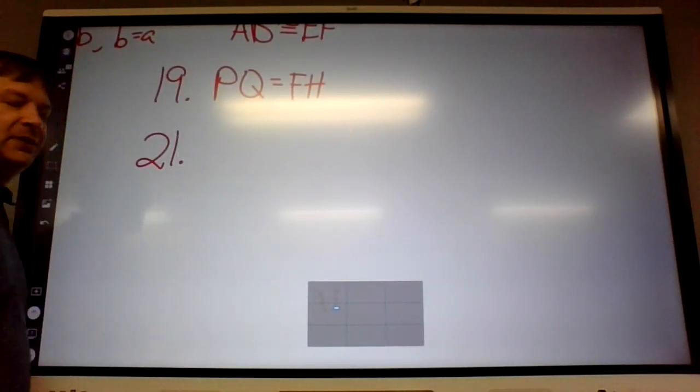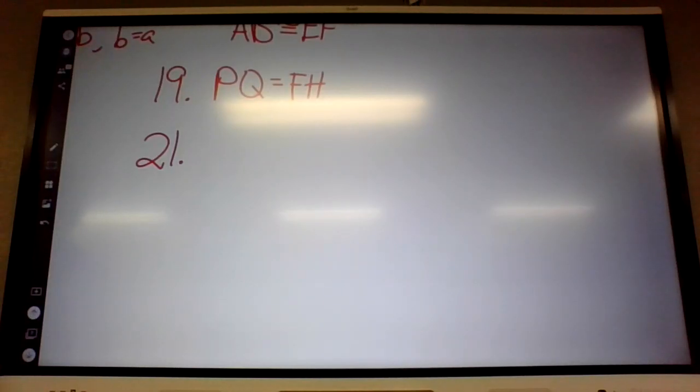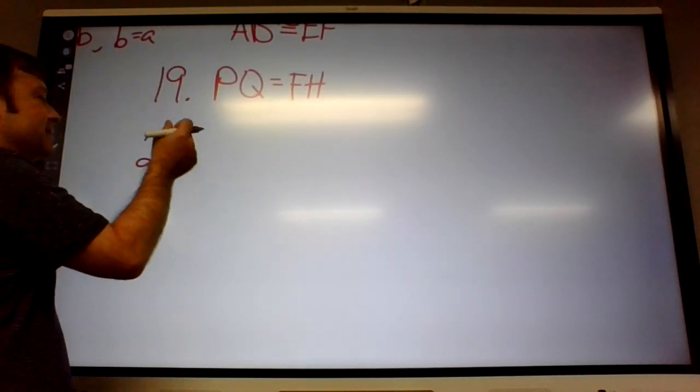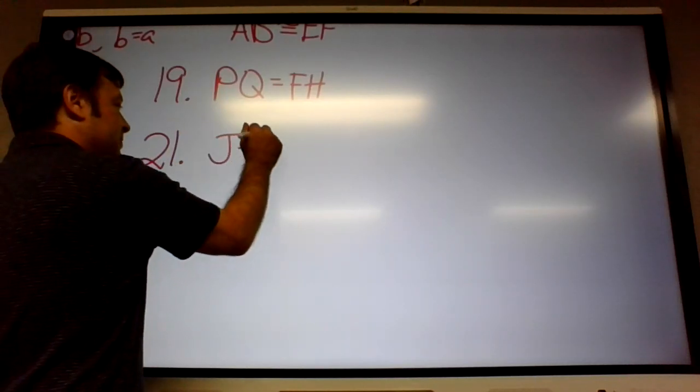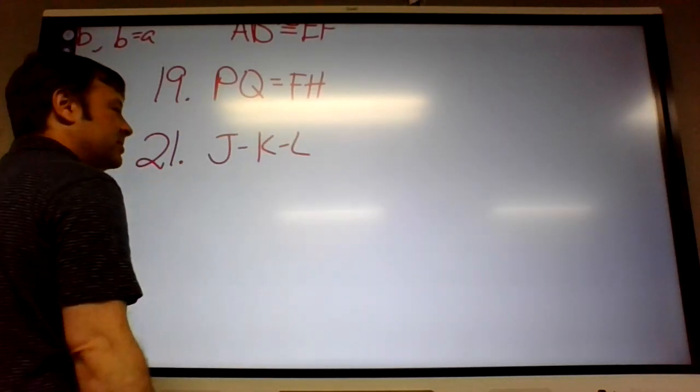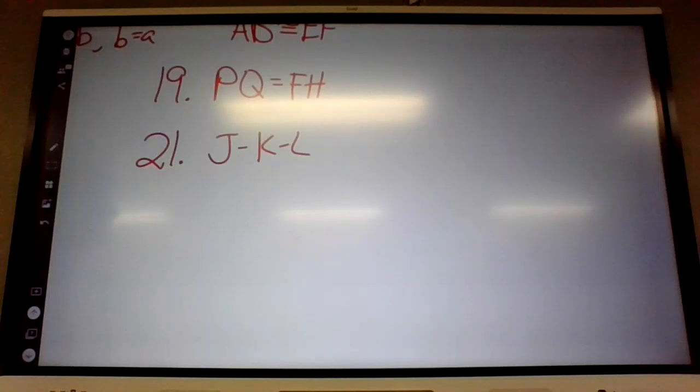So you could write K is between J and L, or you could write JKL, which means K is between J and L.